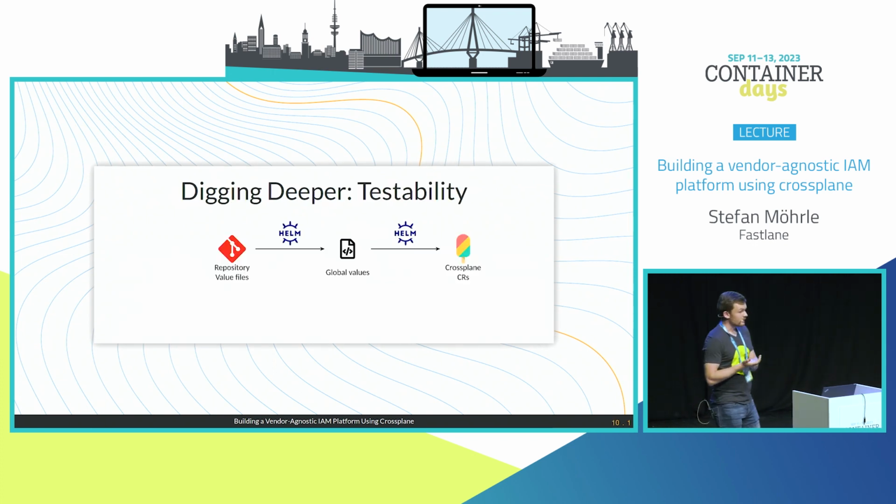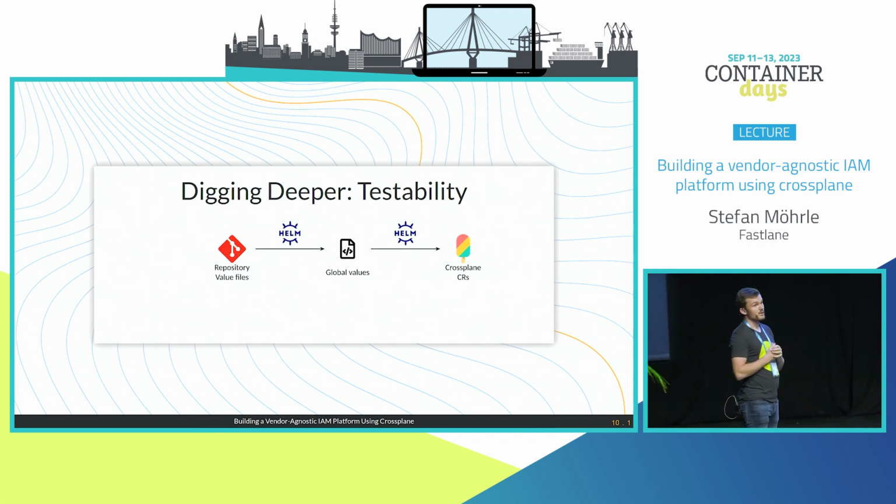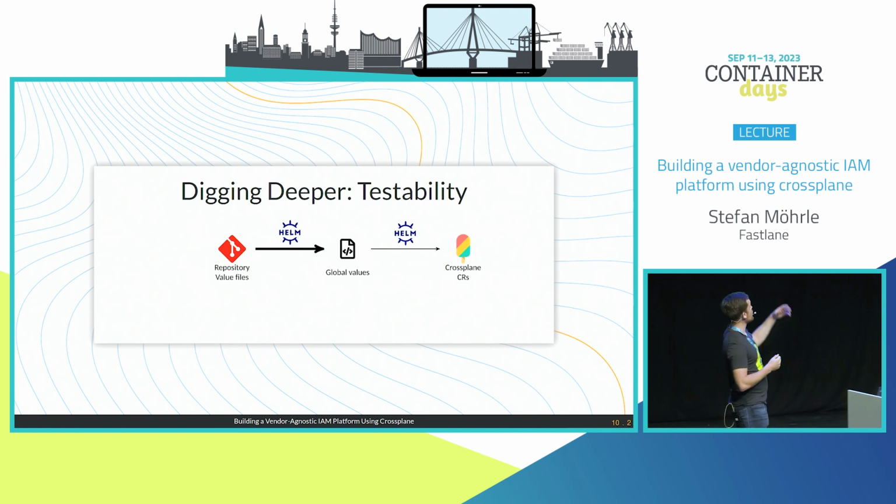So yeah, the last part on that is the testability. How can we make sure that the system behaves as we want? How can we make sure that we do not accidentally revoke any permissions from users? And this is also where these 2 steps come into favor. Most of the calculations happen in the first part, the transformation into those predefined, pre-calculated variables.